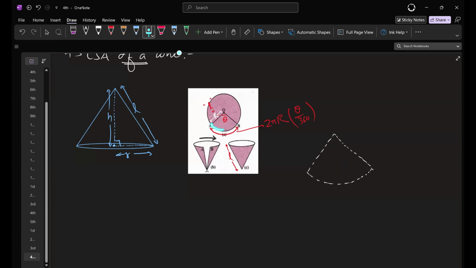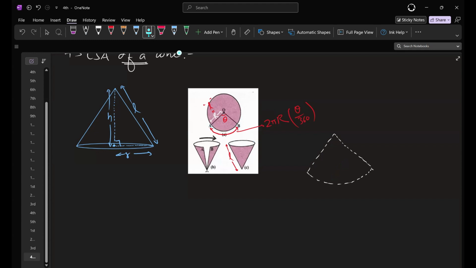The whole area of this sector. Exactly. Area of the sector is contributing as the curved surface area of the cone, because this thing AB is just making the circular base of the cone, right? This AB is just being circular to make the base of the cone, nothing more.